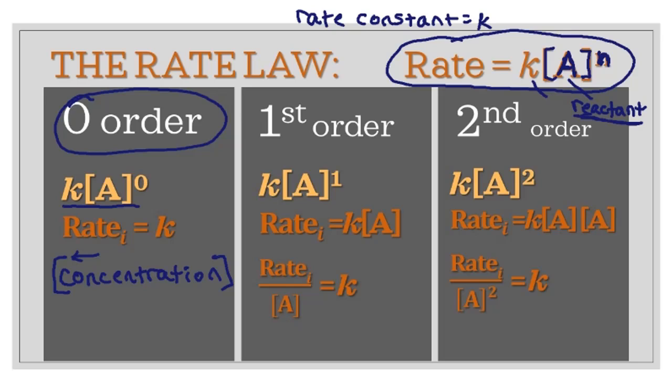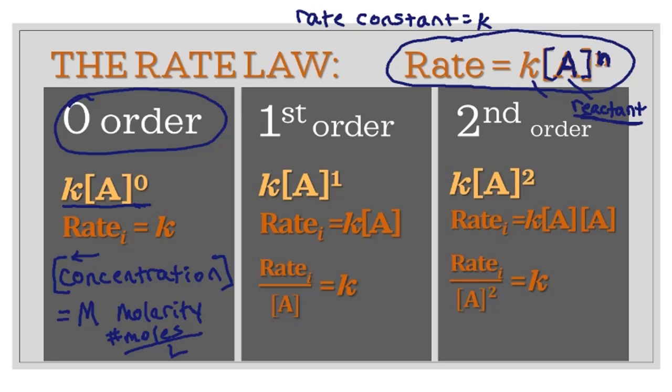And when we're talking about the concentration, this is the same thing as capital M, or molarity. And molarity is the number of moles in 1 liter of solution. So that's why there are brackets around the A in here, because we're dealing with the concentration or the molarity of that element.